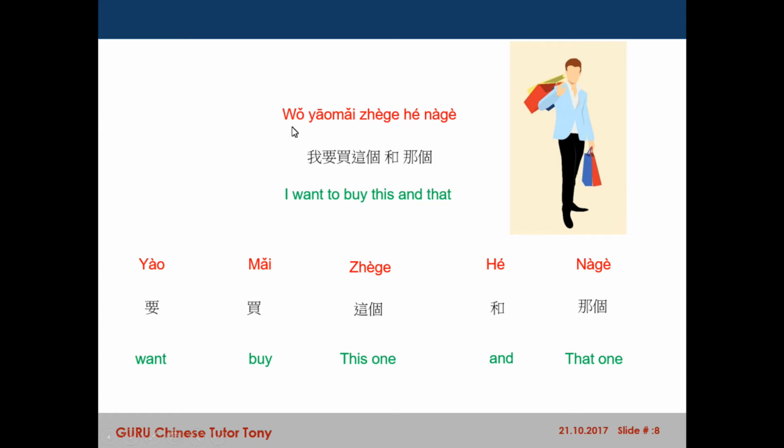Let's put together: 我要买这个和那个, I want to buy this and that.